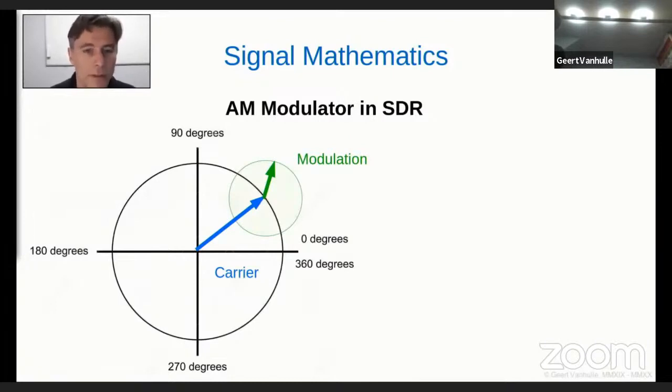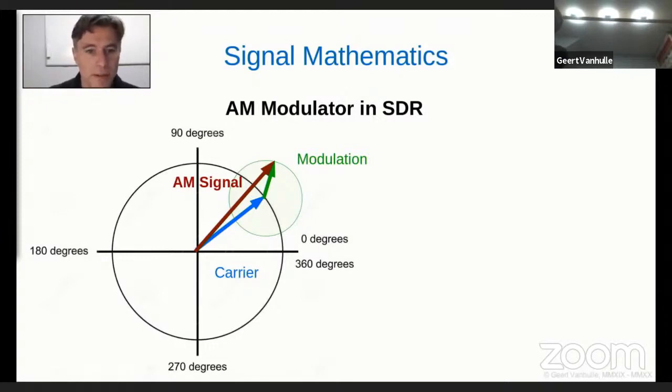So we have the modulation, of course, with another frequency, slower than the carrier vector rotating around, but in a result forming a new vector, and this vector will actually increase in length and decrease in length according to the modulation vector rotating, which is just the same as the time domain signal of an amplitude modulation, where we see the sine wave going higher and lower in amplitude. So this is the vector expression of the amplitude modulation signal.